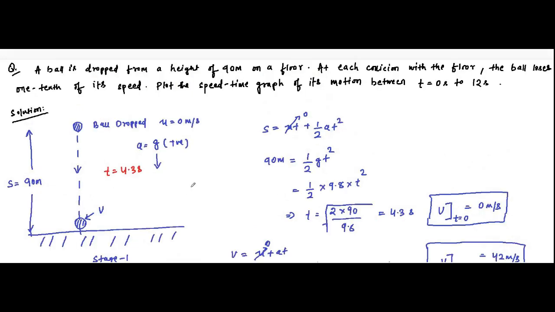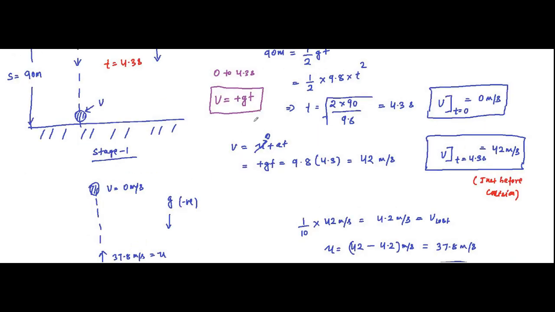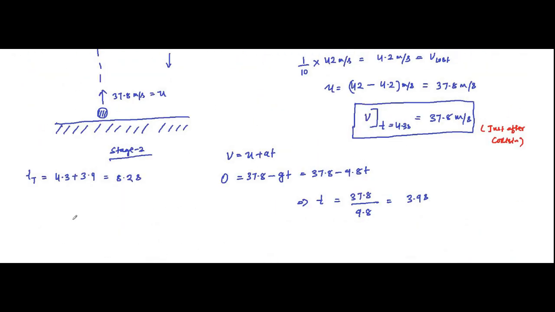Another interesting thing to remember is that from 0 to 4.3 seconds, the velocity is v is equal to plus gt, this form. And from 4.3 to 8.2 seconds, it is minus gt.